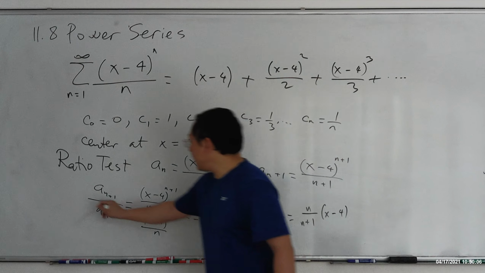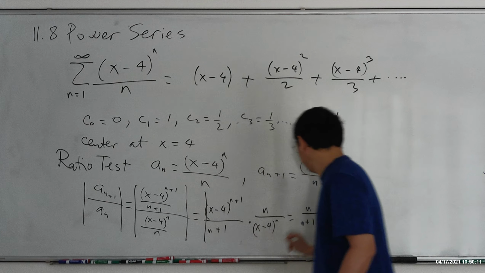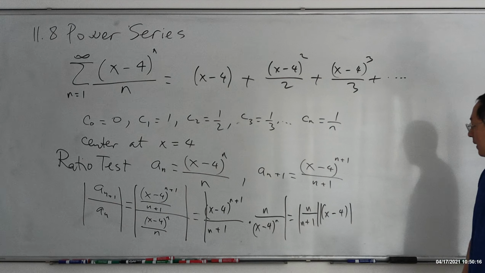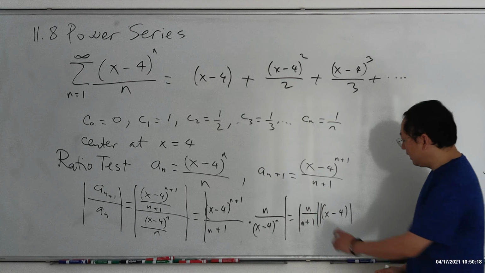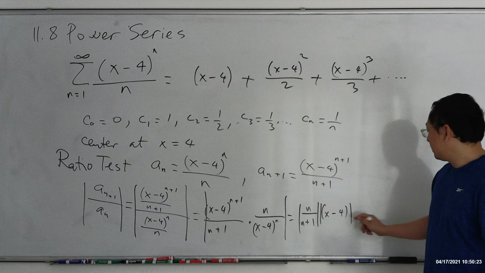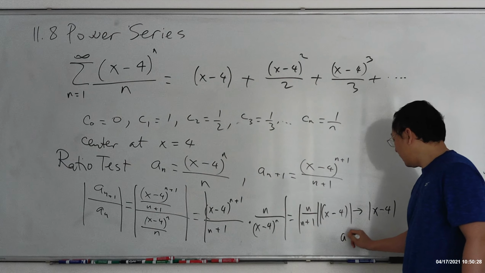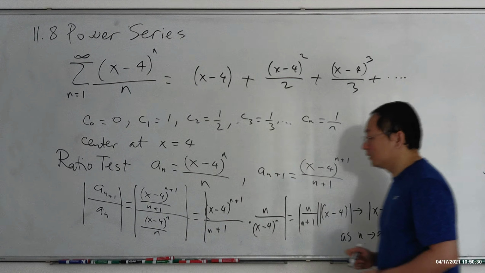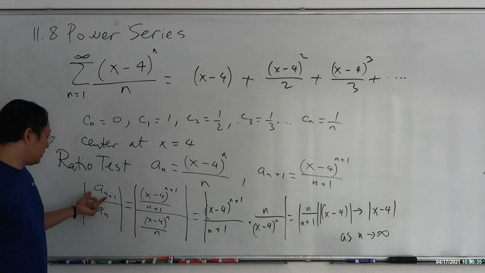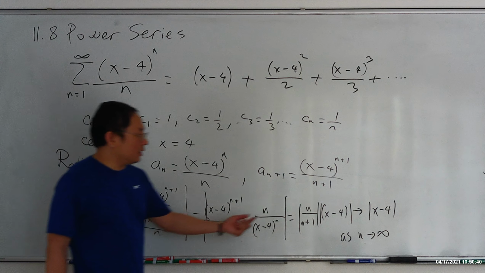If I take the absolute value of this and then the limit as n goes to infinity, n over n plus 1 goes to 1. So the limit of two consecutive terms, an plus 1 over an, is equal to the absolute value of x minus 4.